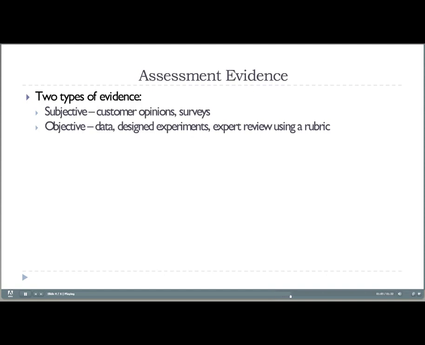And so it's a combination of these 2 types of evidence that will give you a strong self-study when you're going for assessment and/or accreditation. And in the world of ABET, you're a little bit in trouble if all you have is subjective types of evidence. A combination of both is ideal.